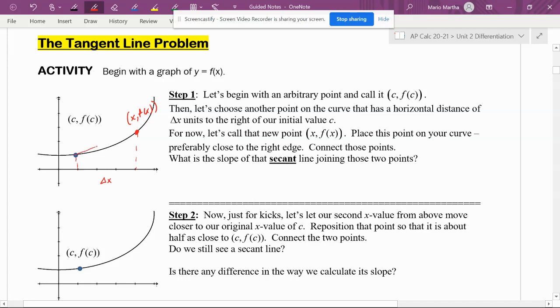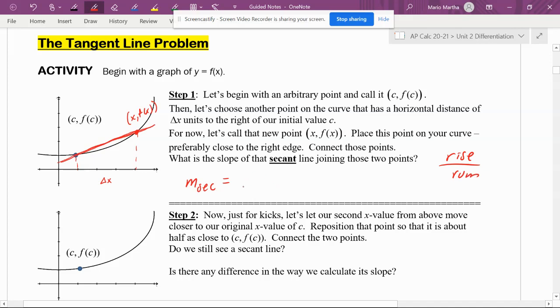So if we connect these 2 points, we create a line. How can we find the slope of this secant line? Write it down right there in your notes. In this case, we're going to call it the slope of the secant. And if you remember, slope is rise over run, right? Basic stuff from IM1. Rise over run.